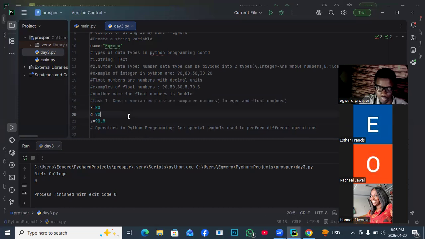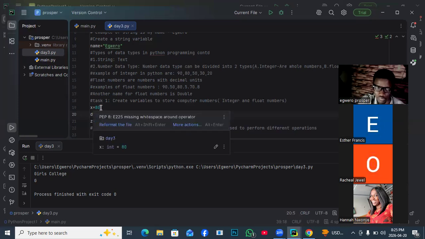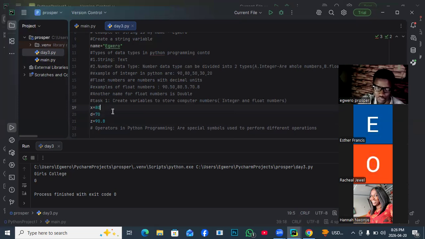What we did is, like we have highlighted, we were to create variables to store computer numbers such as integer and float numbers. So we created s as a variable, and s is storing what type of number? Tehila, can you tell us what type of computer number s is holding? An integer.